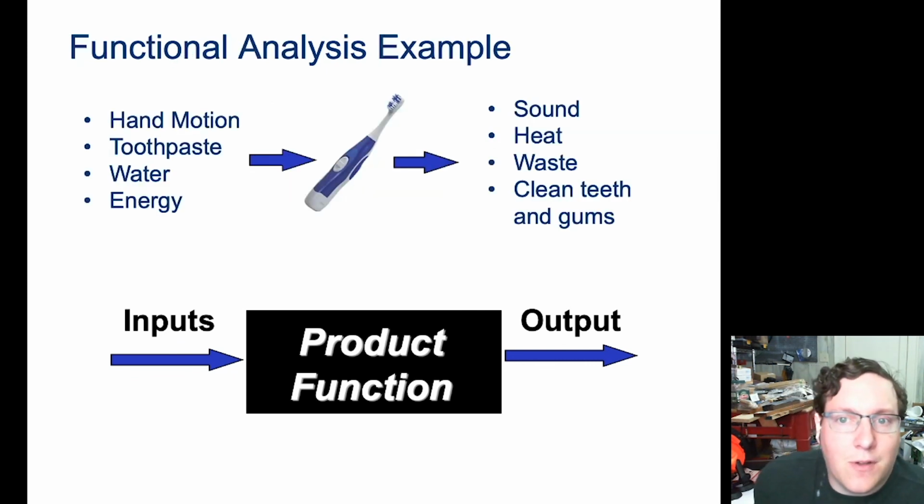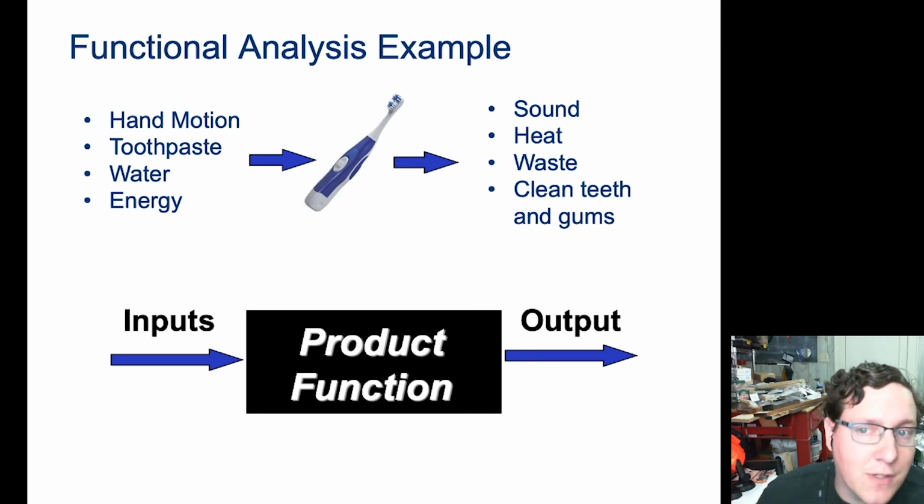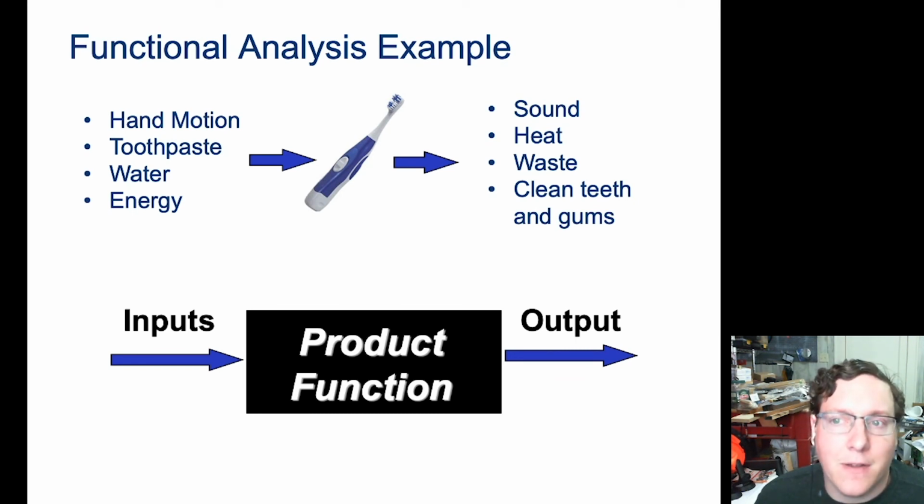So going back to the example with the toothbrush, okay? Your hand motion controlling the toothbrush, the toothpaste, the water, and some sort of energy, the electricity that's being provided for it, whether it's charging or if it's a disposable alkaline battery.